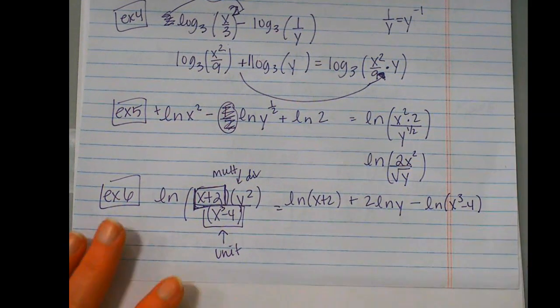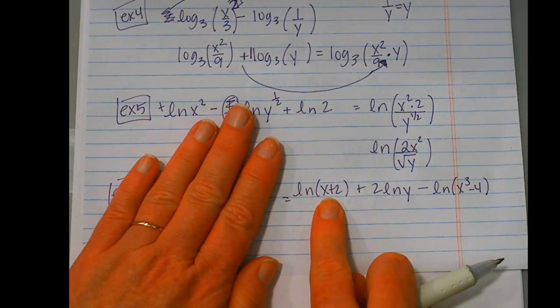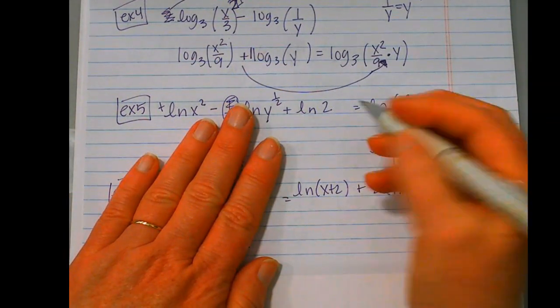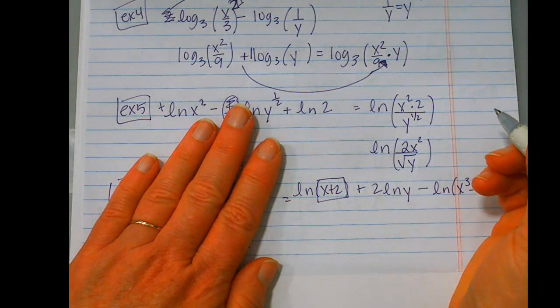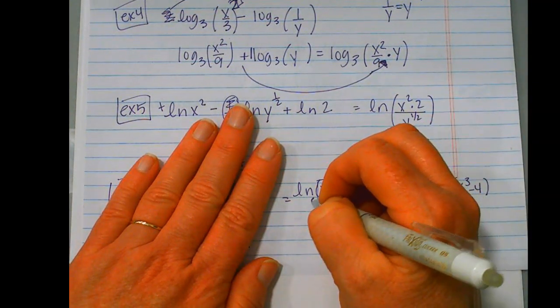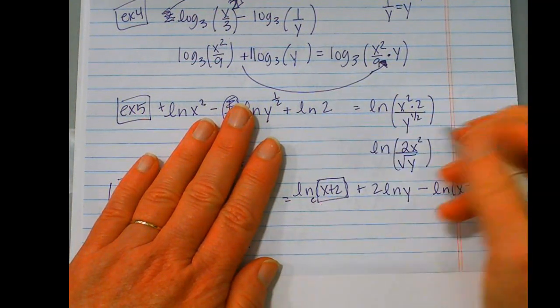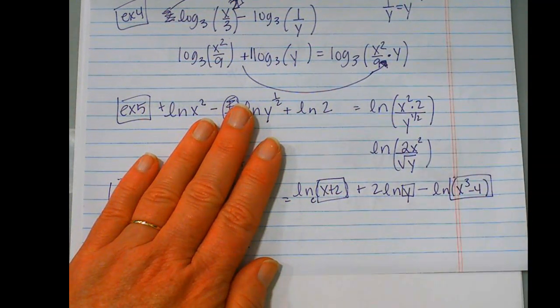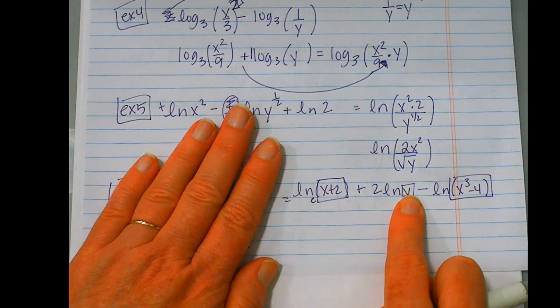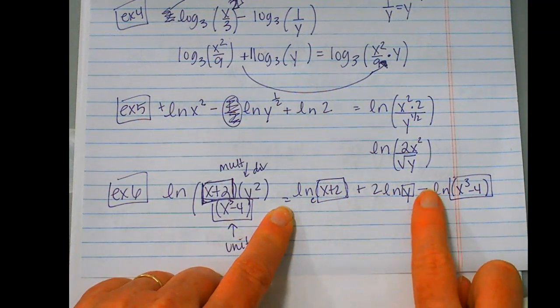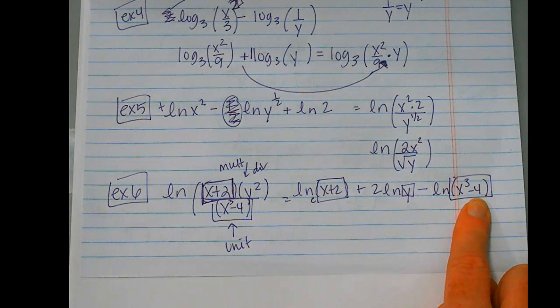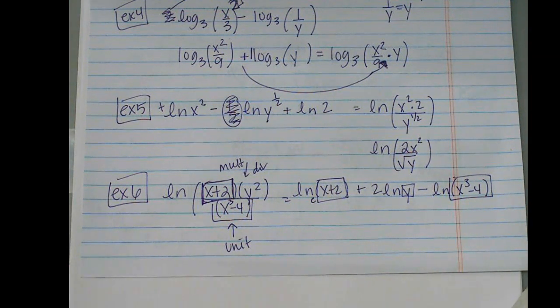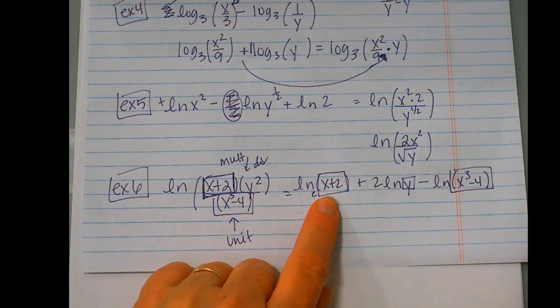So when you put this back together, if you saw it this way, you would say this is a base. Like, it's not this, the base is E, but this is a unit. This is a unit, this is a unit, so I'm going to put this and this on the top because they're positive, and this on the bottom because it's negative. So I want you to see those units, and maybe you should put a box around them or something to make sure that you can't expand this with multiplication.